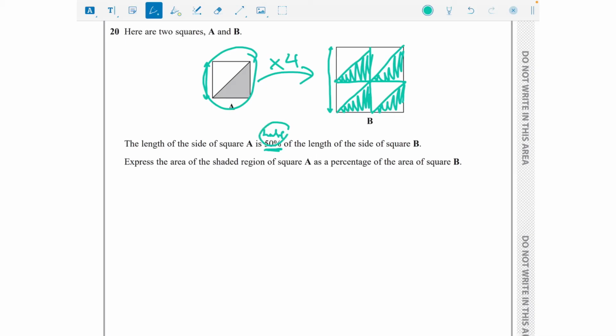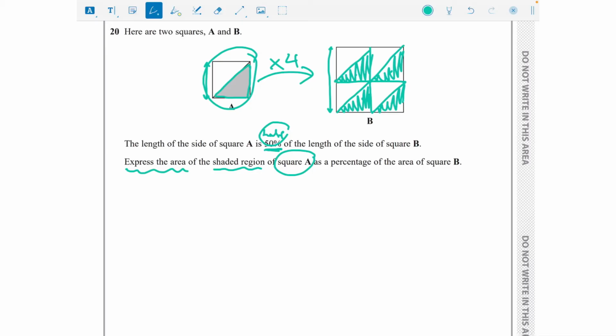Then it says express the area of the shaded region of square A as a percentage of the area of square B. We can see that in this shape we've got 1 of those shaded bits, and in this shape we've got 4 of them. So I could join them together.